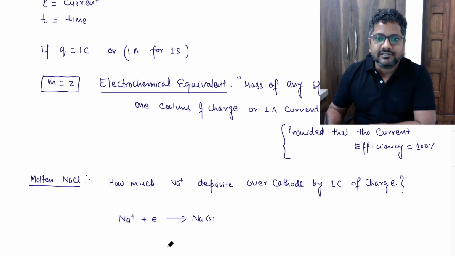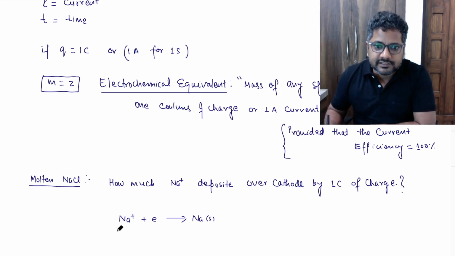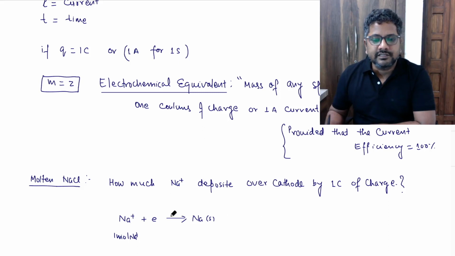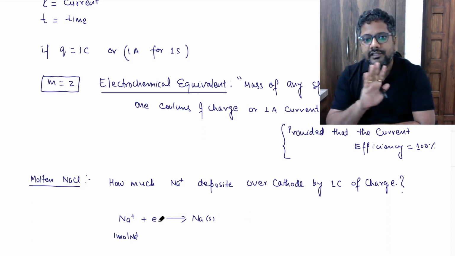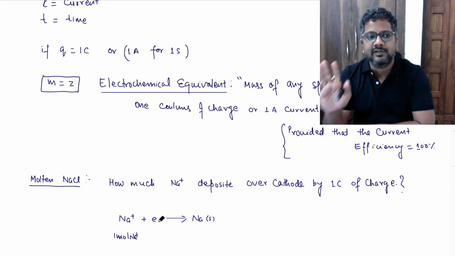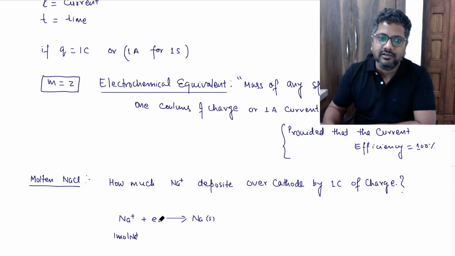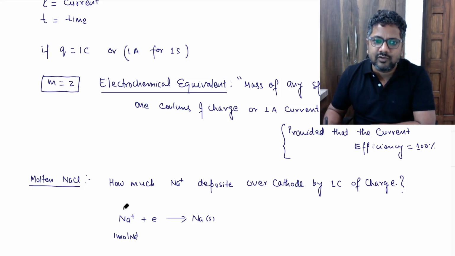The reading quantitatively is that it is 1 mole of sodium ion. You cannot read this as 1 sodium ion, right? This is 1 mole of sodium ion. If nothing is mentioned in the equation, then you have to consider each and every species with respect to 1 mole, not with respect to 1 atom or 1 molecule. So if this is 1 mole of sodium, you have to read this like 1 mole of electron.